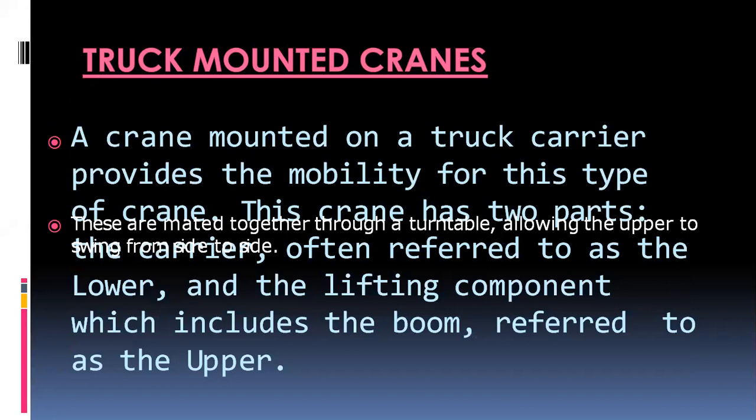Truck mounted cranes: a crane mounted on a truck carrier provides the mobility for this type of crane. This crane has two parts: the carrier, often referred to as the lower, and the lifting component, which includes the boom, referred to as the upper. These are mated together through a turntable, allowing the upper to swing from side to side.